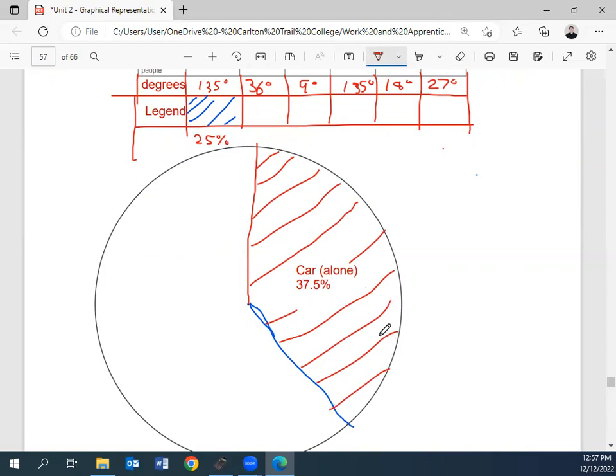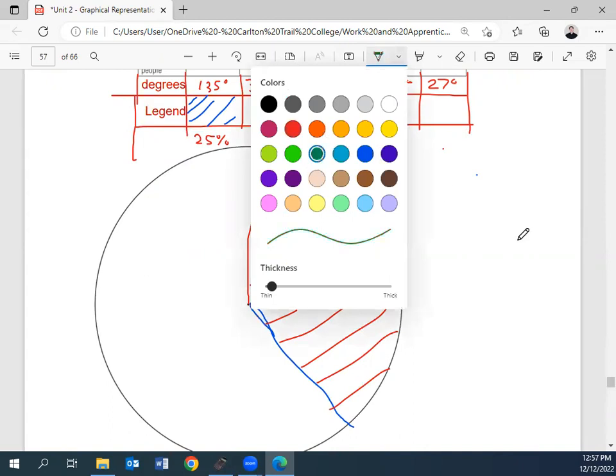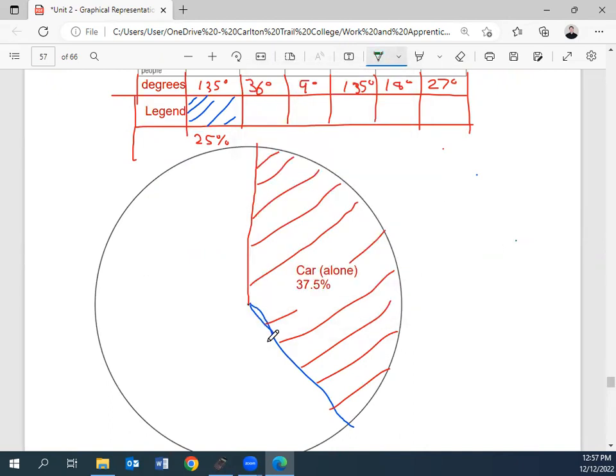So what you're then going to do next is you're going to take your protractor, you're going to go off this new line you made, right? Because that's your new base to go off of. So I'll use green for this, sure. Your protractor should be something like this.